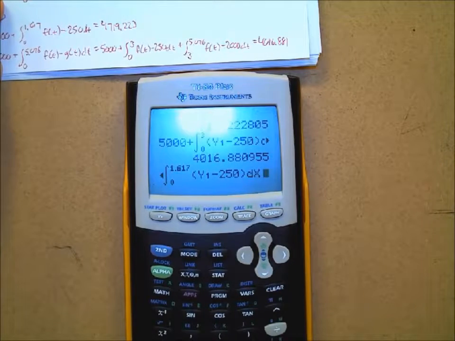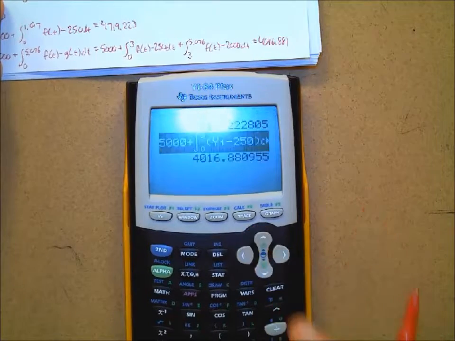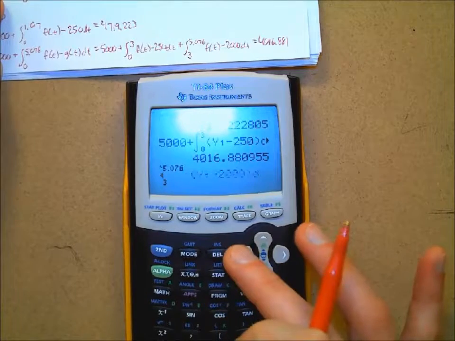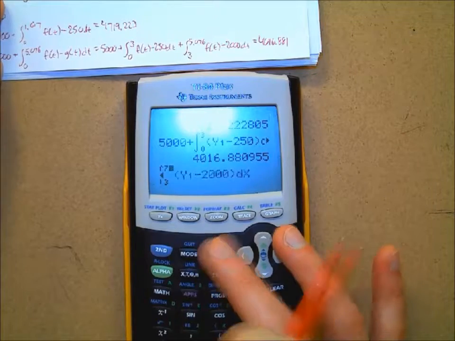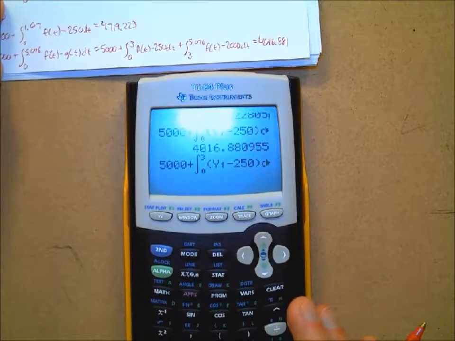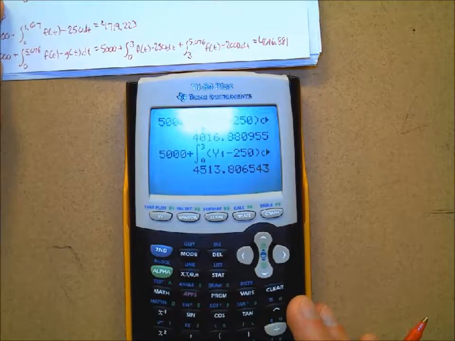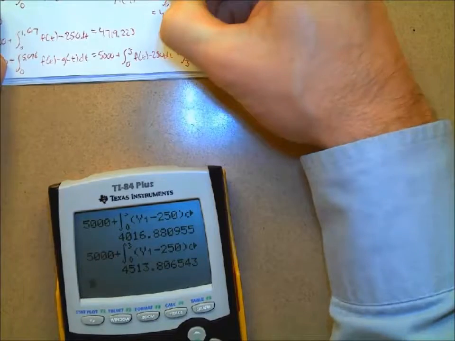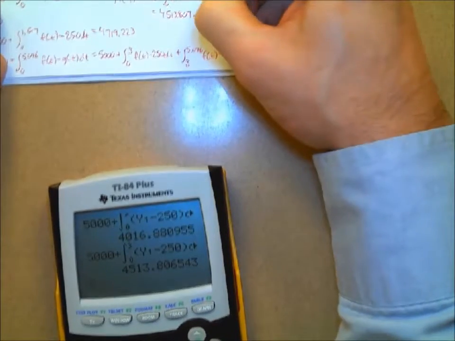Also, for some of you, you can scroll back up to previous things you typed, hit enter, and it'll recopy it down there for you, so you don't have to retype the whole thing, just what you need. And we get 4,513.807. These are all in gallons, of course.